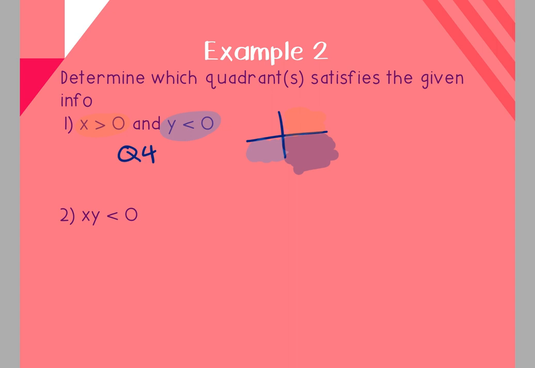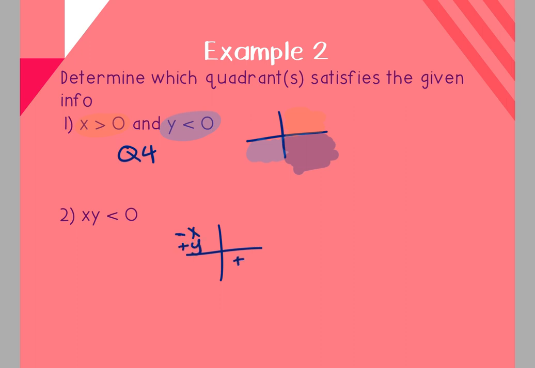Number 2 says x times y is less than 0. What kind of numbers are less than 0? Negative numbers. So how does a product of 2 numbers result in a negative? One's got to be positive, one's got to be negative. What 2 quadrants does that happen in? 2, where the x is negative, so it's a negative x and a positive y.